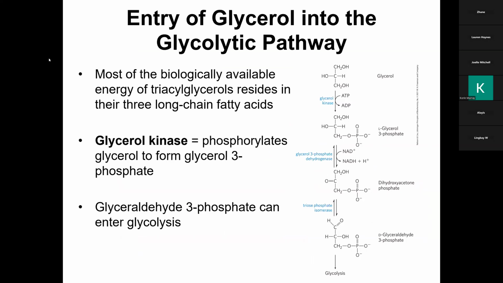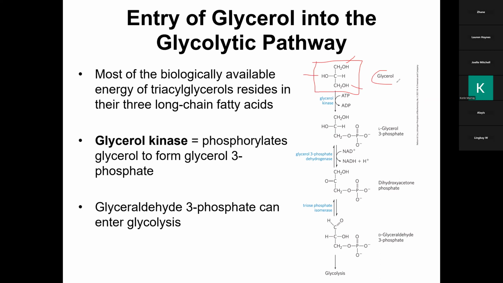Oh, and just very briefly, when you burn triacylglycerides, this is the glycerol, and you have a fatty acid attached here, here, and here by that acyl bond, that ester bond. The majority of the energy comes from the beta oxidation of fatty acids.